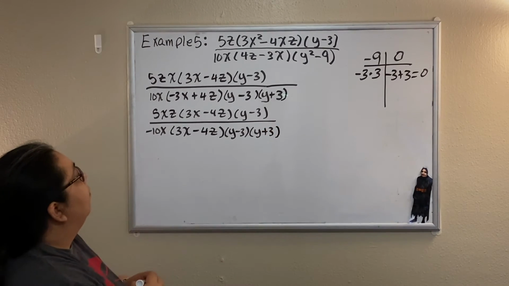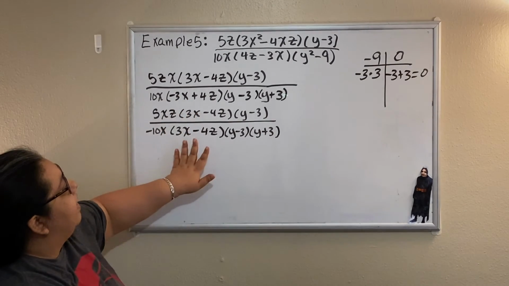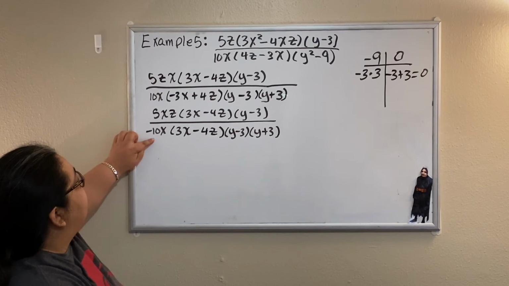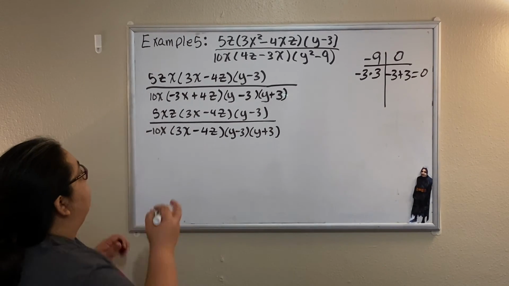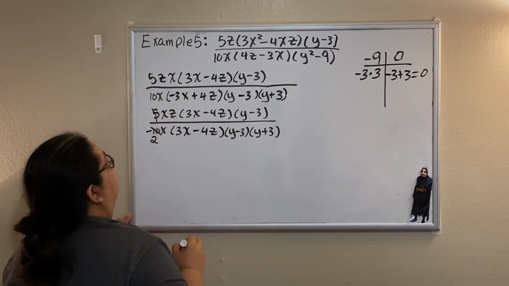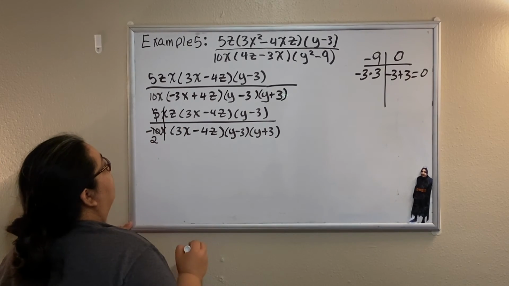And now we can reduce anything that's in common in the numerator and in the denominator. Now, 5 and 10, I can reduce those by 5. 5 reduced by 5 is 1. 10 reduced by 5 is 2. The x's are going to reduce to just 1.